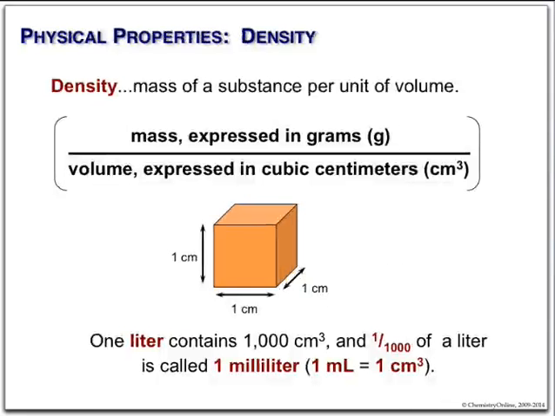They're exactly the same volume. 1 liter is 1,000 cubic centimeters. And then if we take 1/1000th of that liter, we get the milliliter. You can express density in virtually any units, however, as long as you have mass in the numerator and a volume unit in the denominator.